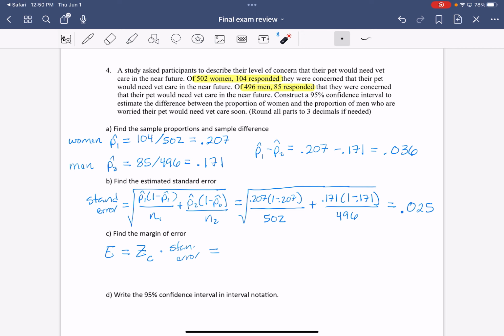And then look into that sheet, the confidence level 95%, we're told that the Z sub C is 1.960. So 1.960 times the estimated standard error, which we just found, the 0.025. That'll give you 0.049.